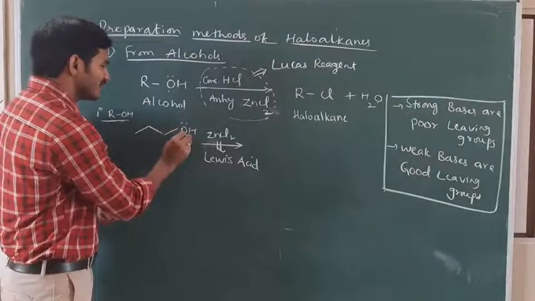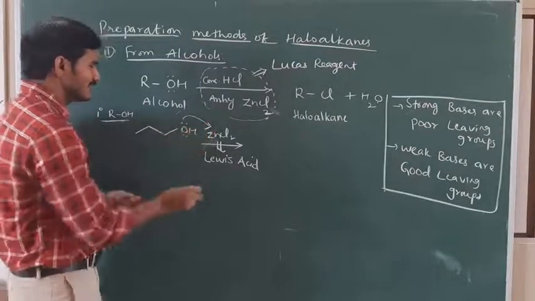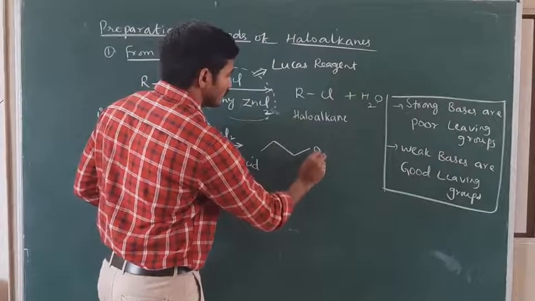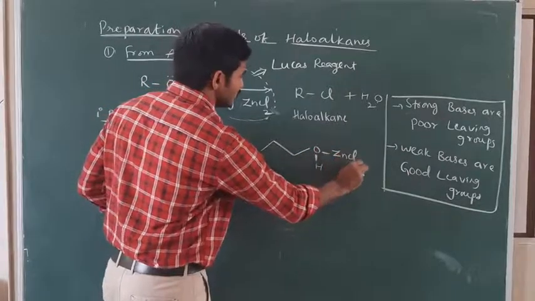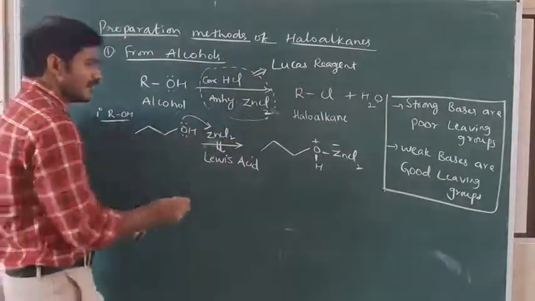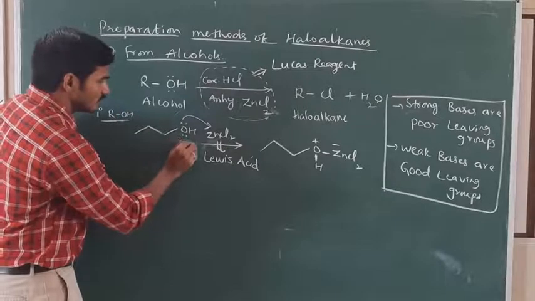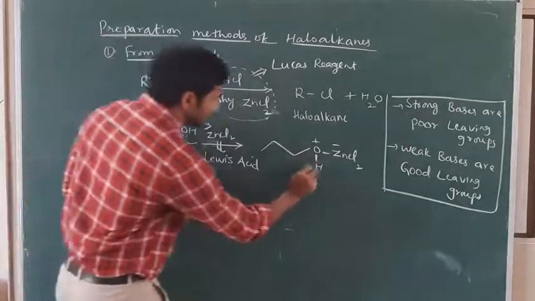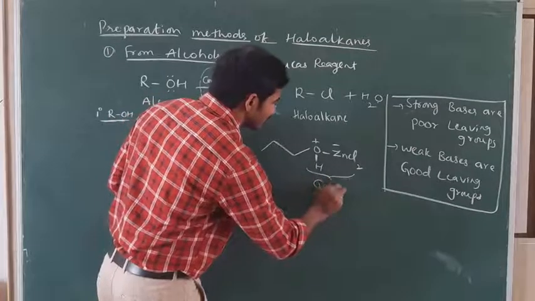Oxygen has a lone pair of electrons. They can react here and form O-ZnCl2 plus H. Right? Now this OH is a poor leaving group, whereas this group is a good leaving group.